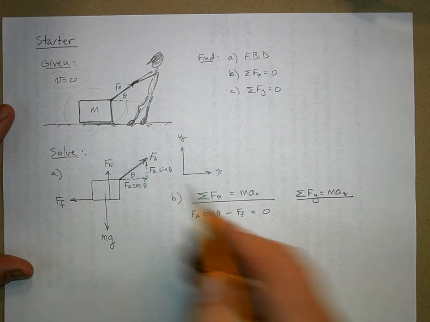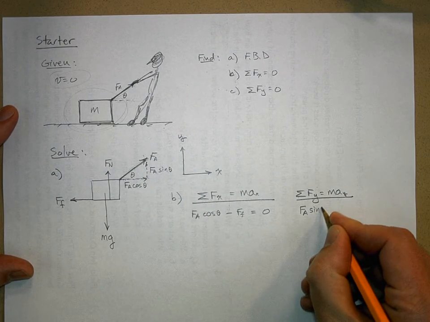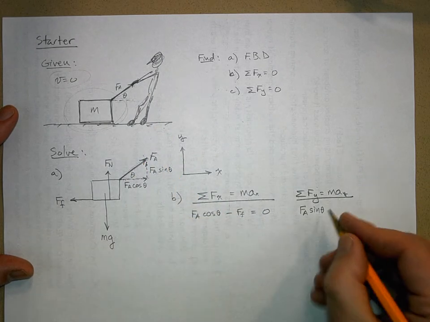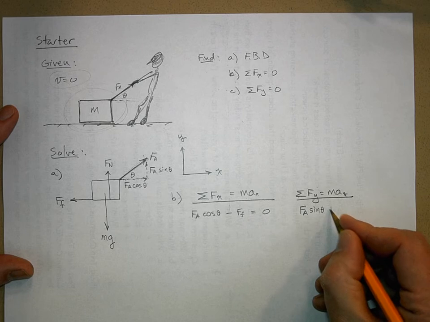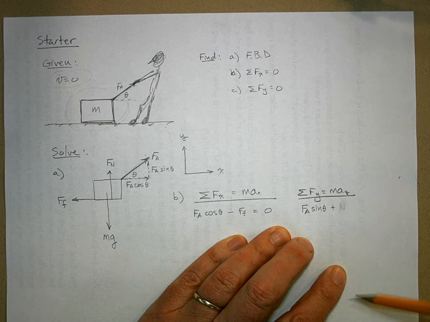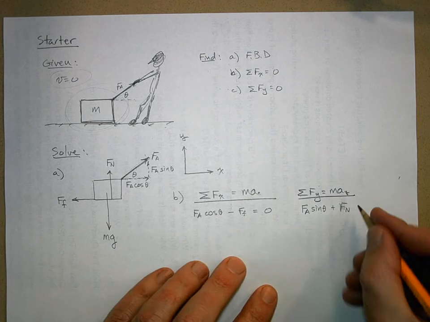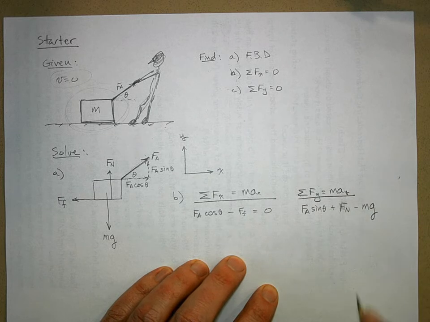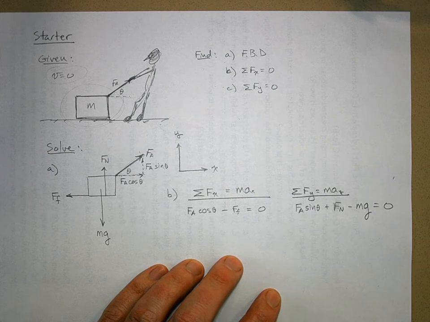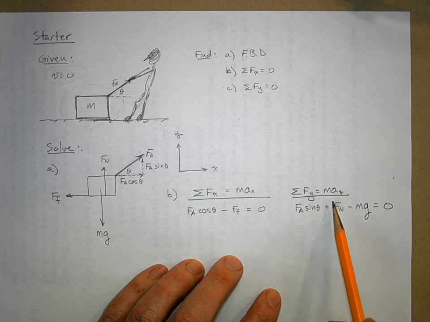We've got FA sine theta in the positive y direction, because this guy is pulling up on the crate, plus the normal force, and then minus mg. And what's that all equal to? And why is it equal to 0? It's an equilibrium. There's no acceleration.